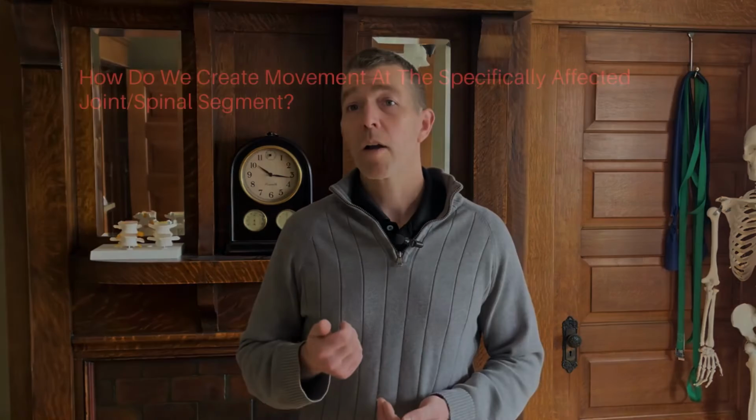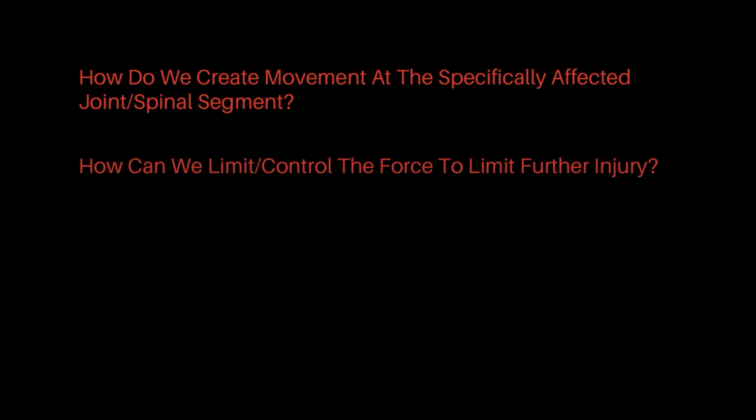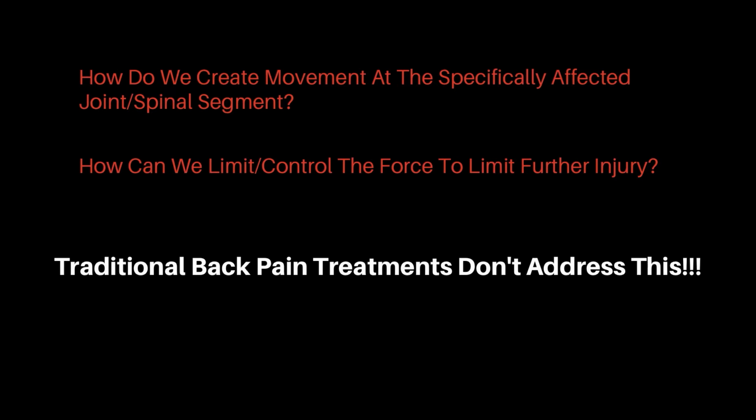But the challenge with the spine is, one, how do we direct movement specifically at the affected segment? And two, how do we do this in a way that we can control the intensity of the motion so it does not exacerbate or further deteriorate the condition? And I would argue that with many approaches to back pain, this is very difficult, and it really doesn't happen with many traditional types of treatment.